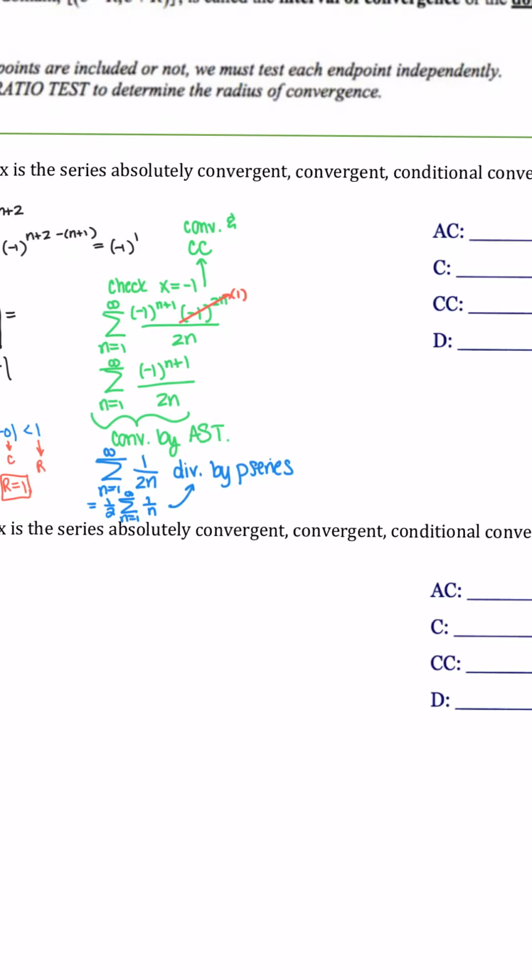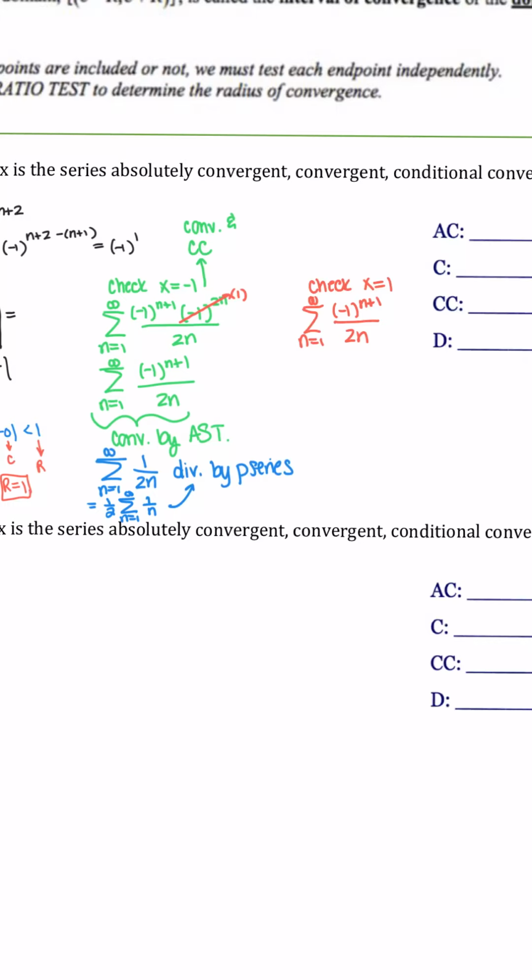Now the next endpoint that I need to check is positive 1. So let's check x equals 1. So when I plug in 1, I would have the sum from n equals 1 to infinity of negative 1 to the n plus 1, and then just a positive 1 to the 2n, which is just going to be 1 all the time. So I'm not even going to write it, over 2n.